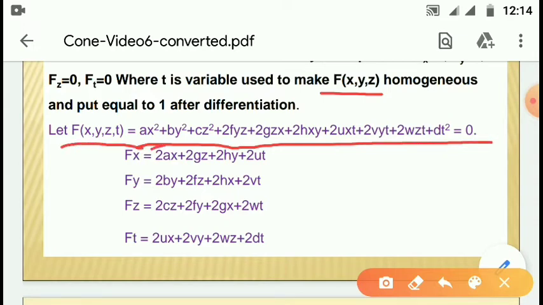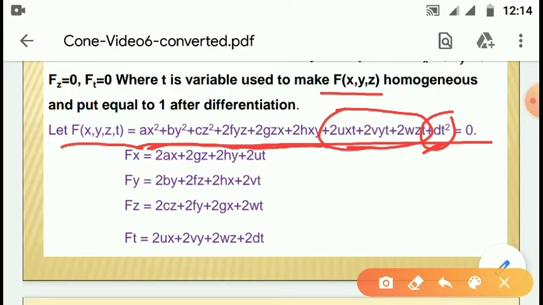There is no change in all the second degree terms. Since 2ux plus 2vy plus 2wz is first degree, take t in all these terms, and d is a constant whose degree is 0. Therefore, take t square here to make it a second degree term.